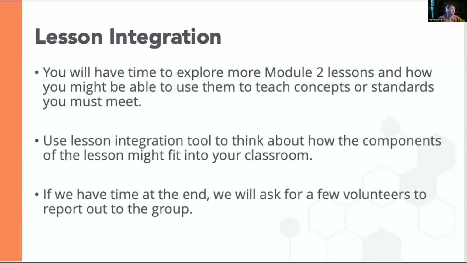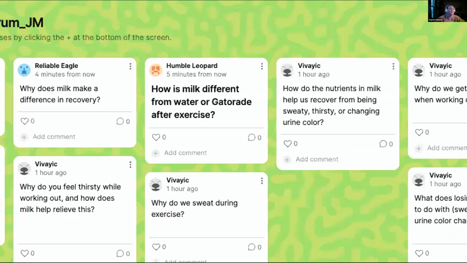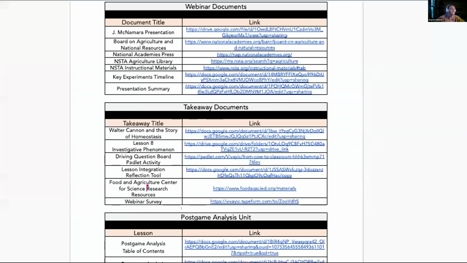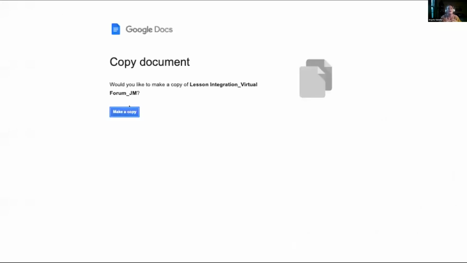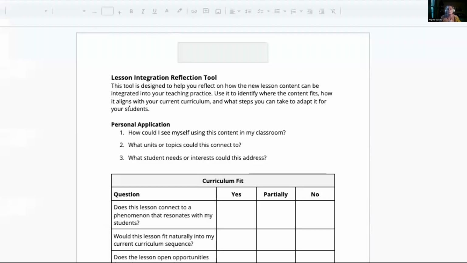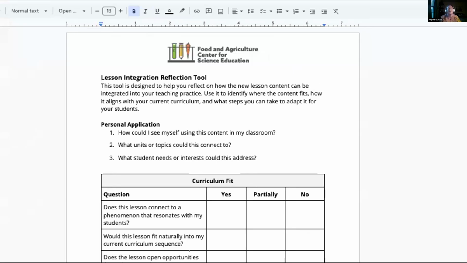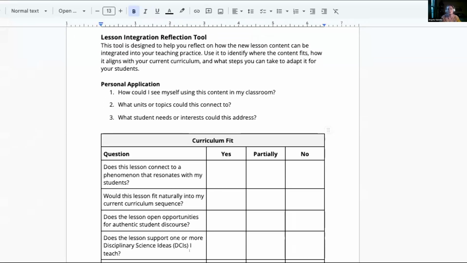So on the takeaway document you have a tool called the Lesson Integration Reflection Tool. When you click on that, it's going to ask you to make a forced copy, so that you have your own working document of this. This tool is going to allow you an opportunity, and we'll show you where to grab the resources for it, to look at a series of the rest of the lessons in this module.